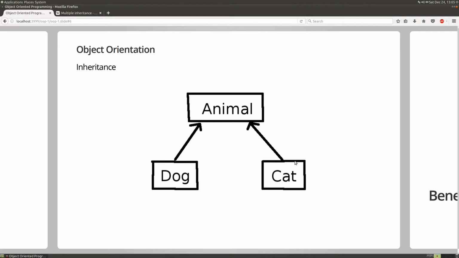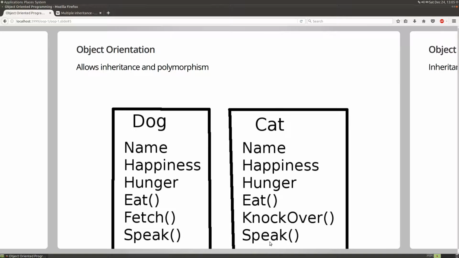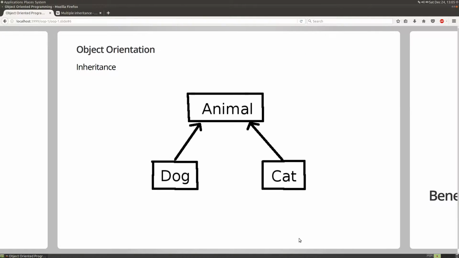Or we can overload certain functions like eat or speak and have custom methods for our classes. So that allows us to have a lot of reuse of our code.